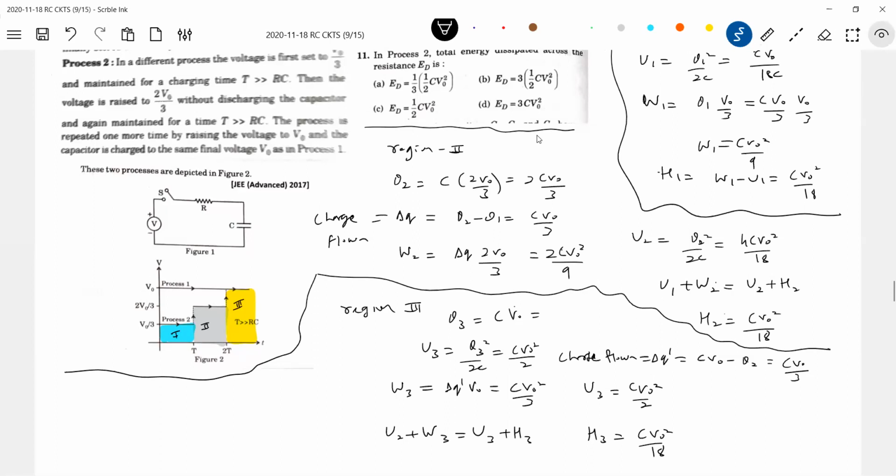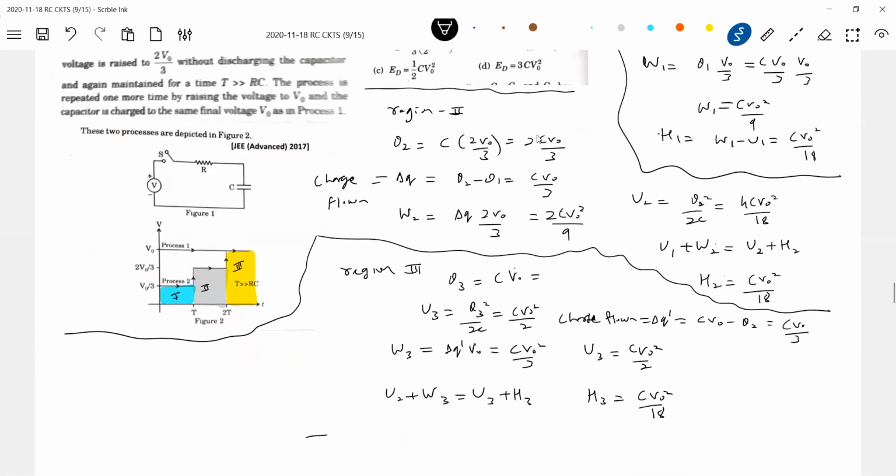Process 2 means complete this one like this. So total heat generated, the answer for this is CV naught square by 6.